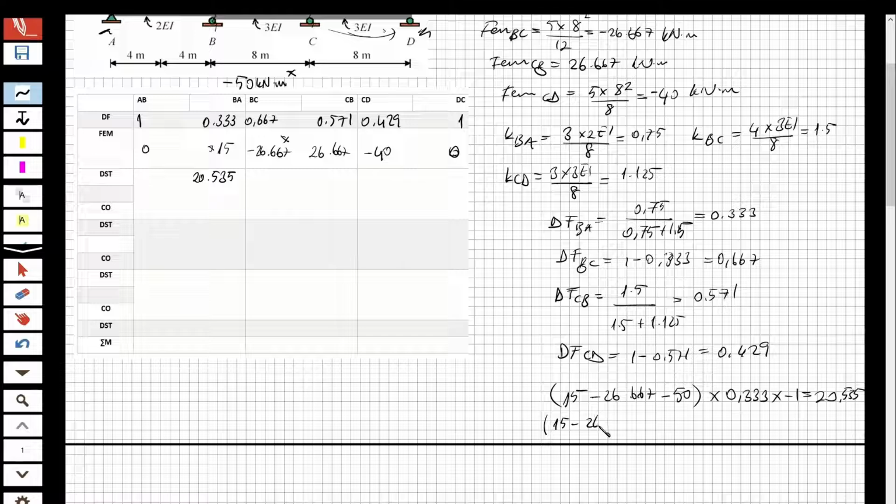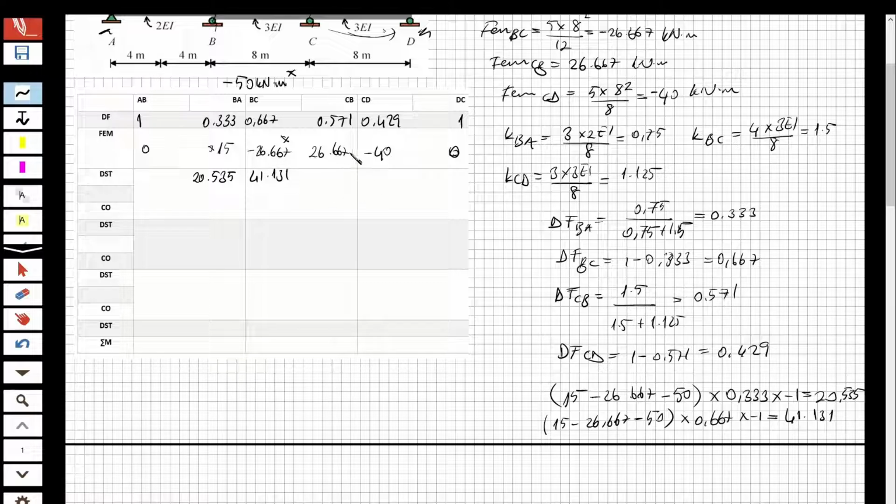15 minus 26.667, and minus 50, and multiplied with 0.667 and multiplied minus 1, sorry, equal to 41.131, okay? 41.131.